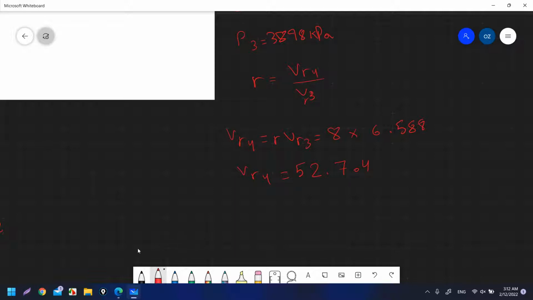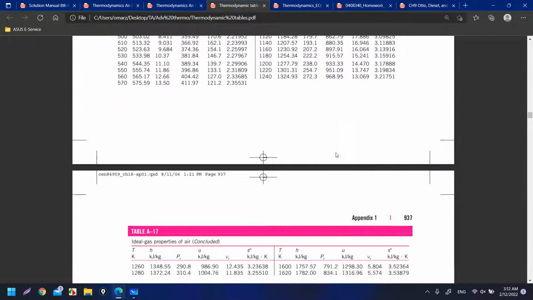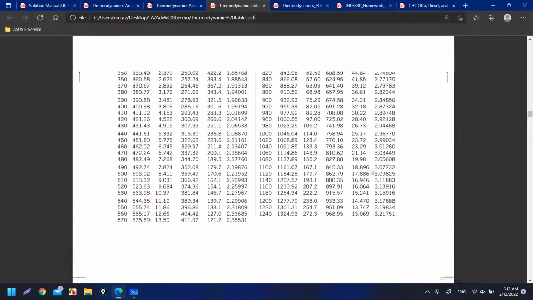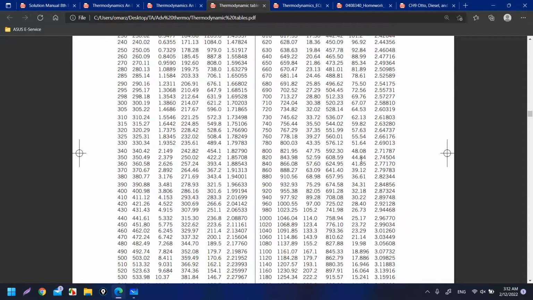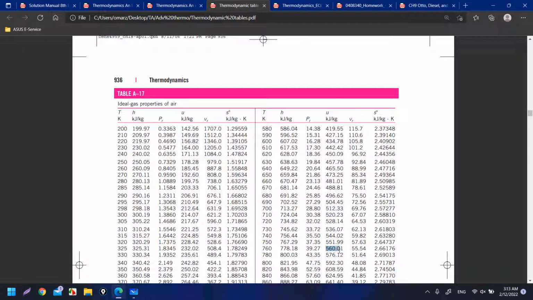That is the problem with variable specific heat: you will always do interpolation. 52.704 is between these two numbers, and I want to find U, between 560 and 576.